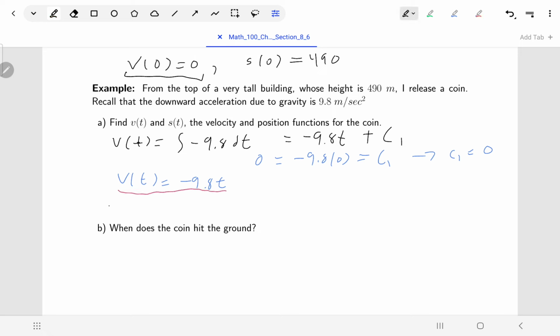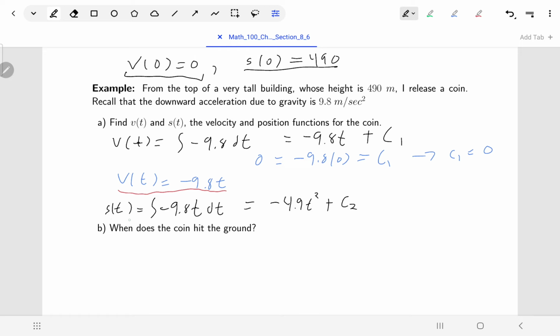And now we want position, and position should be the integral of velocity, and I'll get negative 9.8t squared over 2, which is the same thing as negative 4.9t squared, plus another constant. And then the same sort of thing that I would do here, using my initial condition of s of 0 is 490.